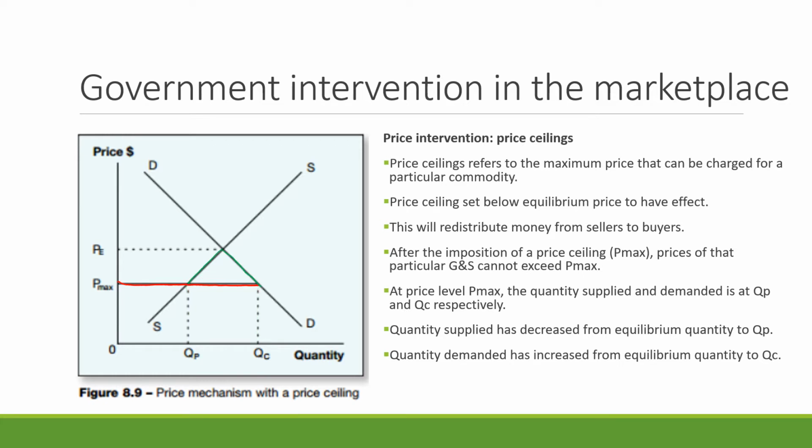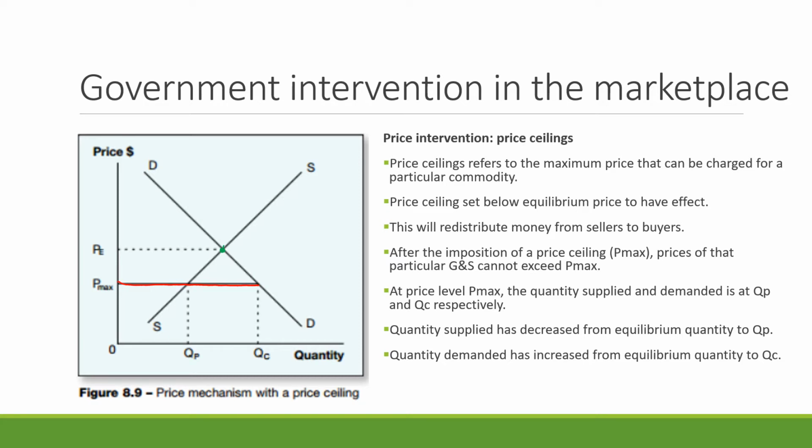So what we're going to be looking at is what happens when the government essentially puts a maximum price that can be charged for a particular good or service. In this case, we have an equilibrium price and an equilibrium quantity over here. That's the price in the good or service that if the market was left to run free, the demanders would pay that much, suppliers would receive that much, and there would be a quantity provided.